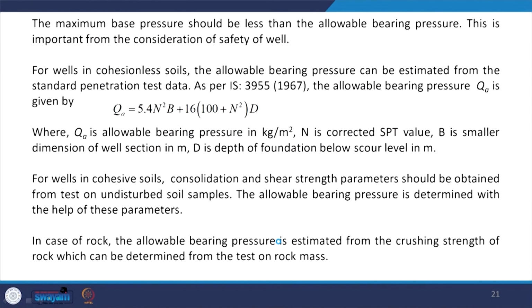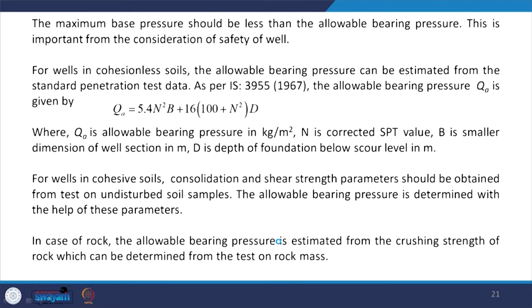Then next, the maximum base pressure should be less than the allowable bearing pressure. This is important from the consideration of safety of the well. For wells in cohesionless soils, the allowable bearing pressure can be estimated from the standard penetration test data, which is given in this relation.